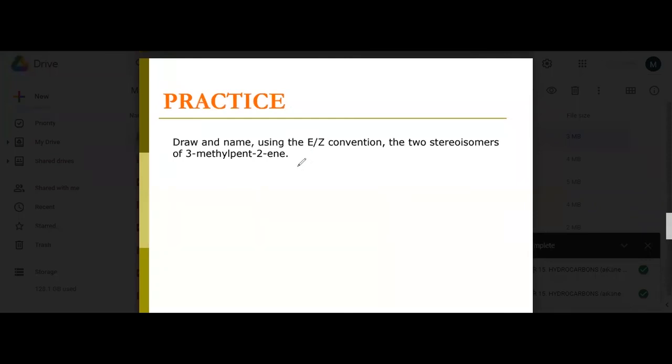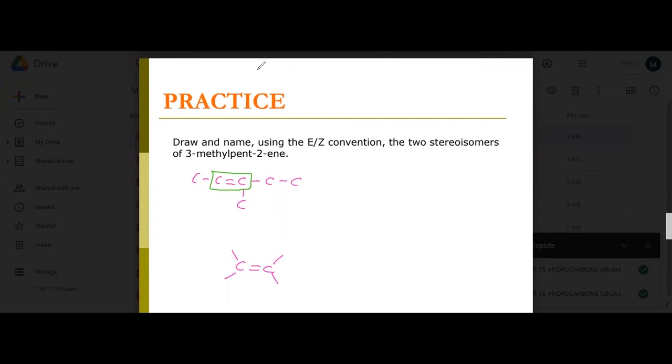Let's compare your answer with this. 3-methylpent-1-ene... first, I draw the usual one: 1, 2, 3, 4, 5, pentene, and then at the third C there is a methyl group here. Done, right? Now I should draw the geometrical isomer. So I will focus on the C double bond here, and I will redraw it like this, C double bond C, with two hands open like this.